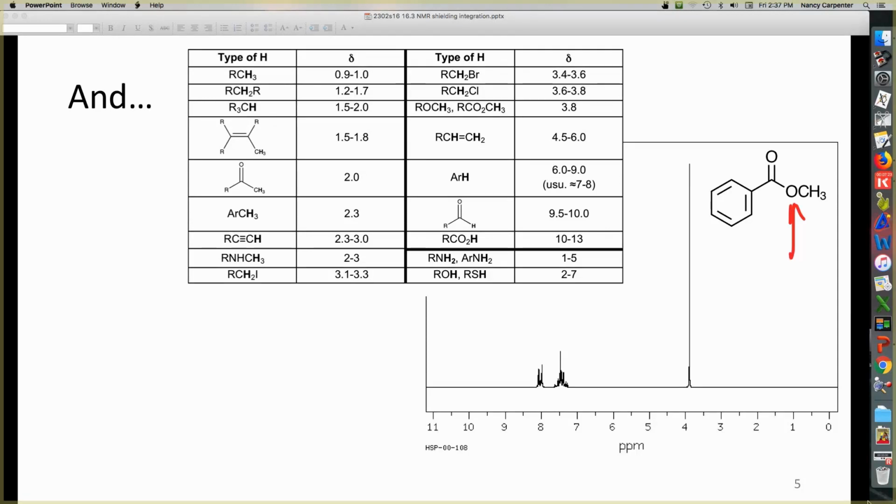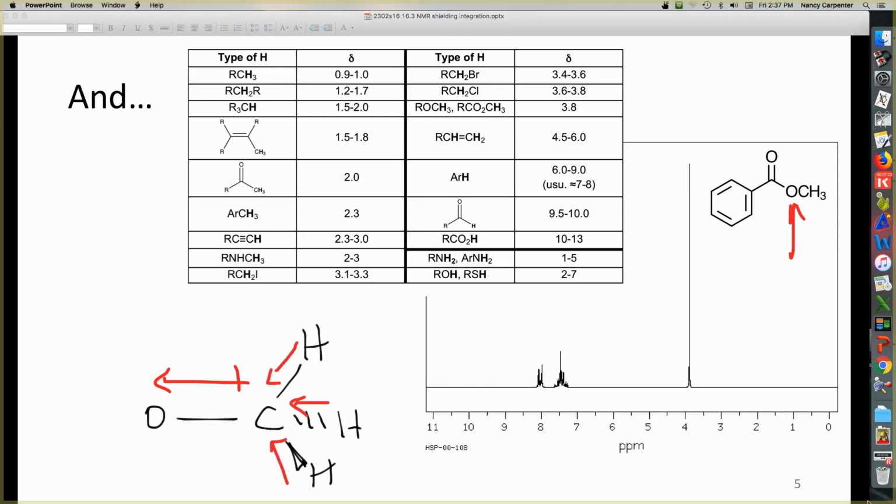What we know is that we have a very polar bond here, pulling electron density, pulling the electron cloud away from that carbon, and therefore in turn away from those hydrogens, exposing them to the full brunt of the external magnetic field, de-shielding them compared to a regular methyl group that doesn't have the oxygen on it.